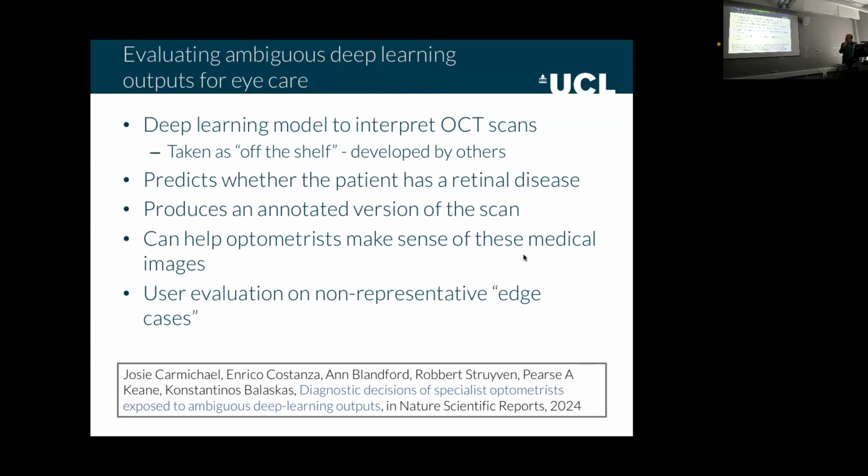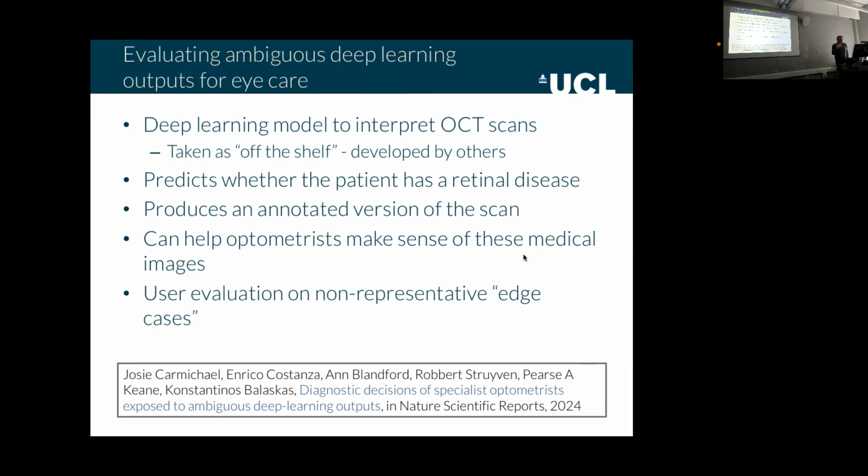So similarly, we got interested in a deep learning model, which was developed by a collaboration of Google DeepMind and Moorfield Eye Hospital. This is a model which takes as input OCT scans, which are medical scans of the eye.